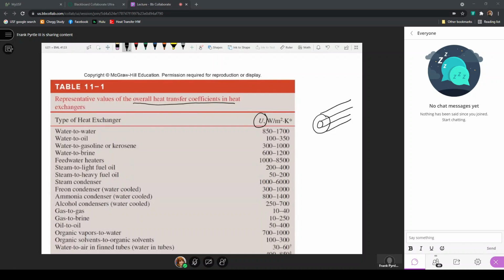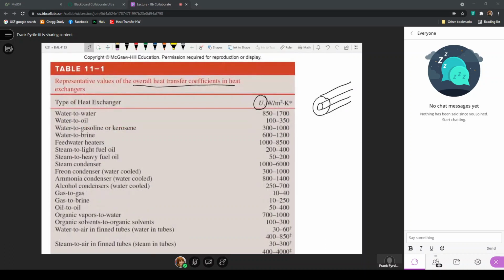If I transition from a double pipe heat exchanger to a cross flow heat exchanger or shell and tube heat exchanger, those expressions of how the heat transfer coefficient for one or both of the fluids changes as a function of position can vary greatly. So here in table 11.1, there are just ranges of the values of the overall heat transfer coefficient without a consideration for the type of heat exchanger. Here it says type, but when I say type, I mean double pipe, cross flow, or shell and tube heat exchanger.